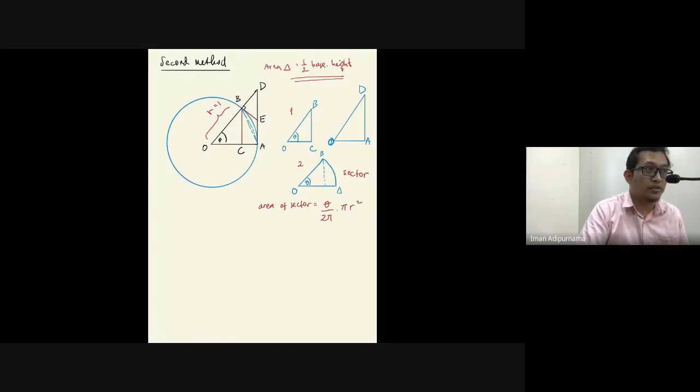It's logical, right? The angle divided by the whole angle, multiplied by the area of the circle. So you get half theta r squared.